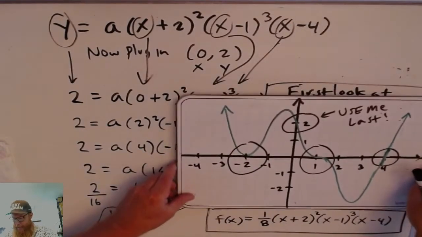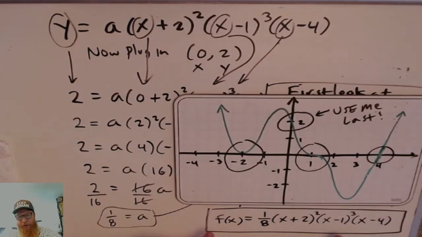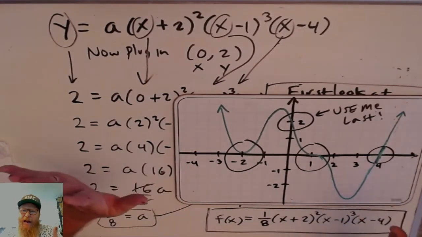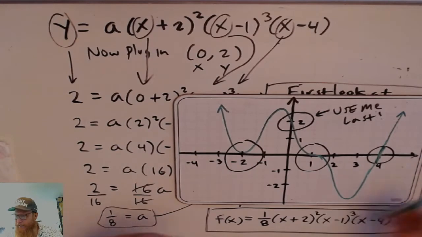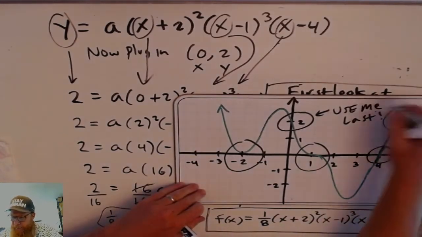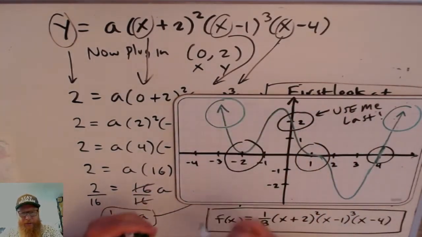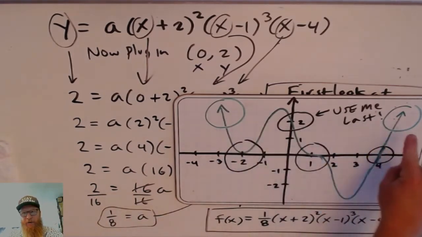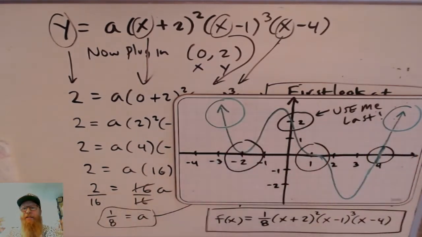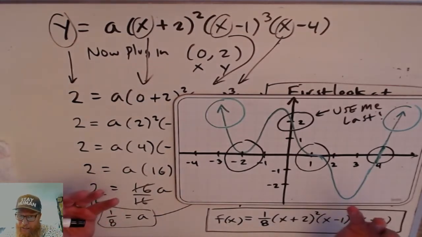This is the function that produces this graph here. I'm not asking for the end behavior, but you could very easily mentally check, especially on the final. You might want to check your own answers. If both arrows point up, that means the degree should be even, okay?